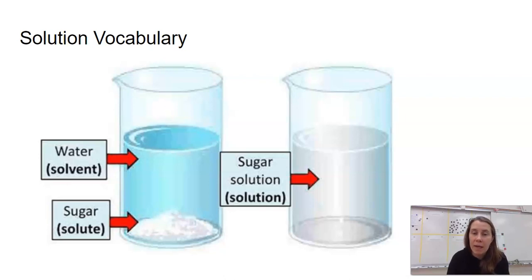Okay, but you can make estimates about how things are going to dissolve or not dissolve based on the properties of both the solute and the solvent. So we have a phrase in chemistry that's like dissolves like, and it means that things that have similar polarities tend to dissolve one another.